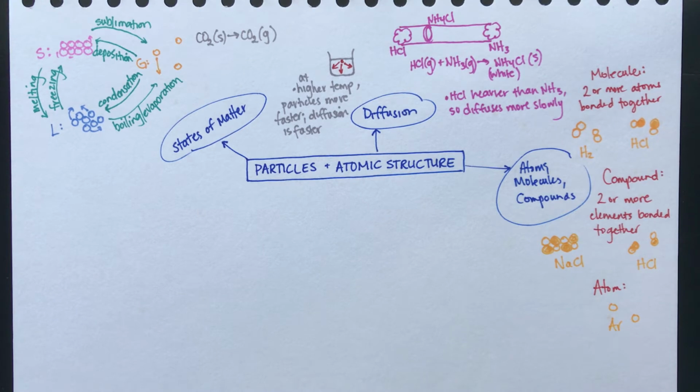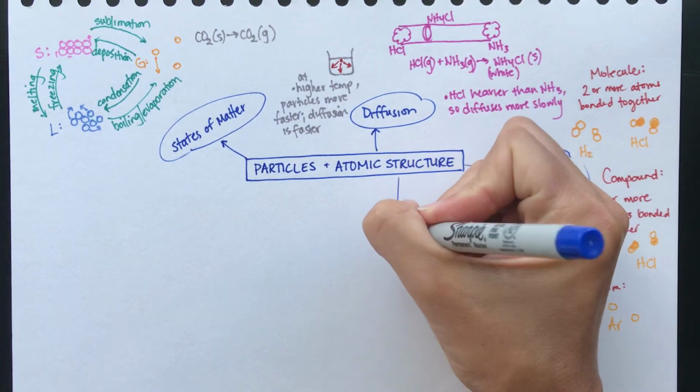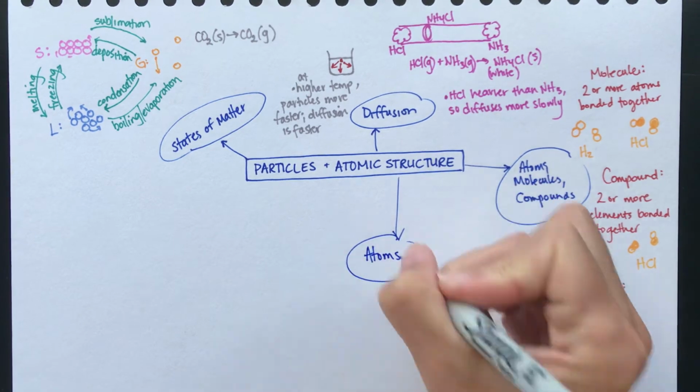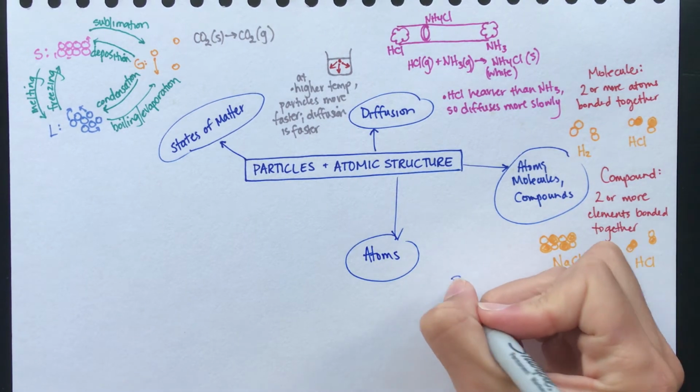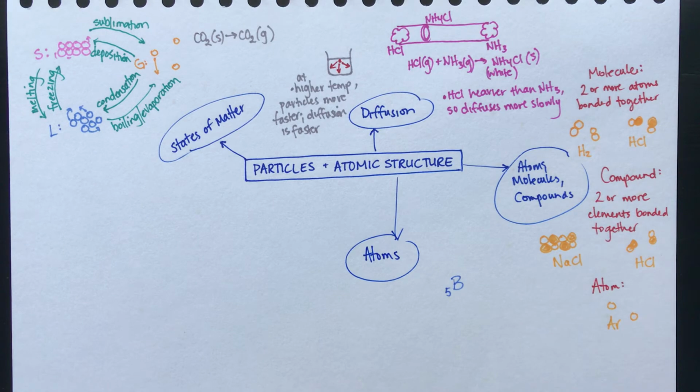Okay. Let's get to the meaty bit now, atomic structure. That's what most of this topic was about. And I think the easiest way to cover atomic structure is by doing an example. So I'm just going to take one from the periodic table. Let's look at boron. Boron has an atomic number of 5 and a relative atomic mass of, I believe, 10.8.